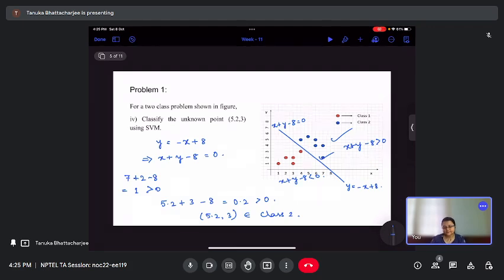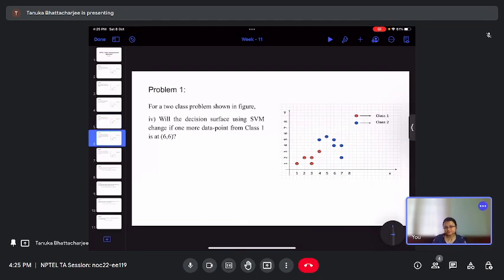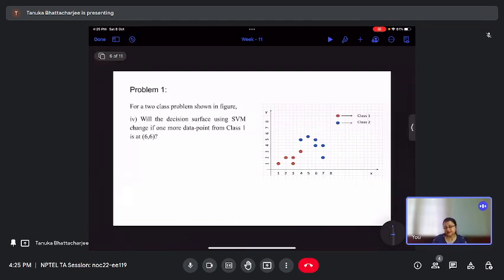Okay. I hope this is clear to everyone. Now, the next question that comes is, will the decision surface using SVM change if one more data point from class 2, I am sorry for the error, this will be class 2, is at 6, 6.